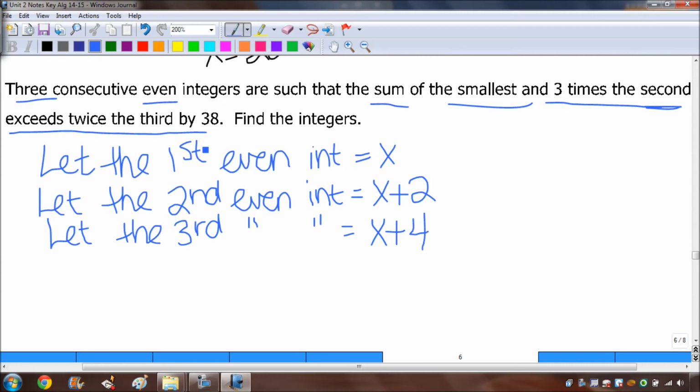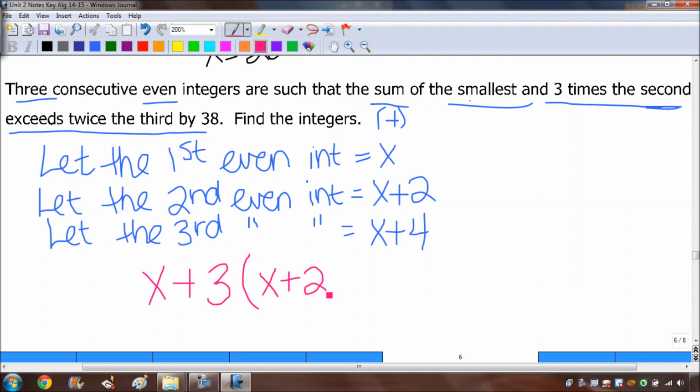So now I'm going to write my equation. 3 consecutive even integers are such that the sum, which means to add, of the smallest, so I'm going to start by taking the smallest number, and I'm going to add 3 times the second, so I'm going to take the second number, and I'm going to multiply it by 3, but if it's 3 times the second, it's the entire expression.